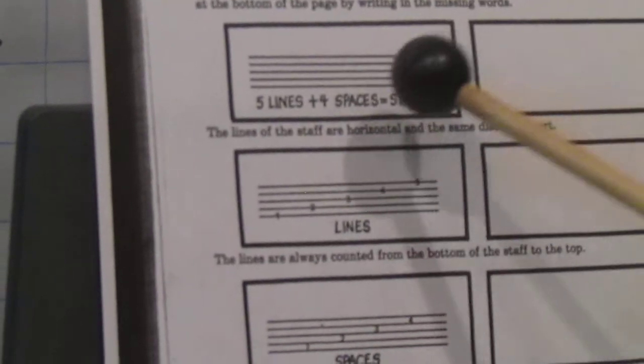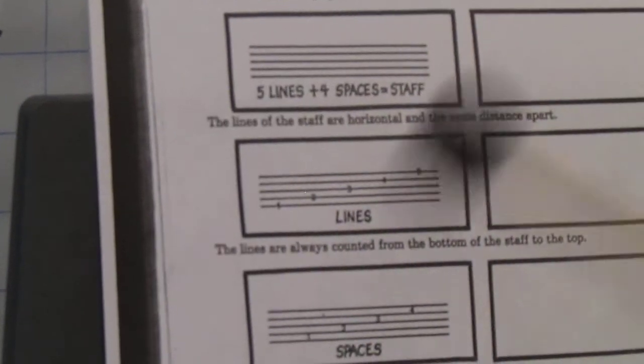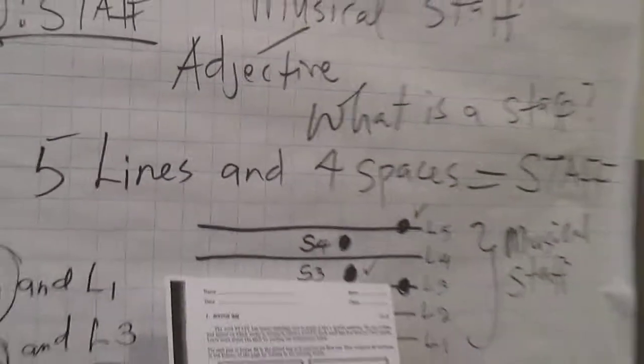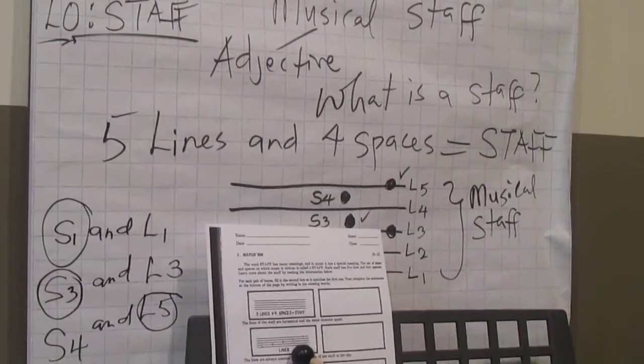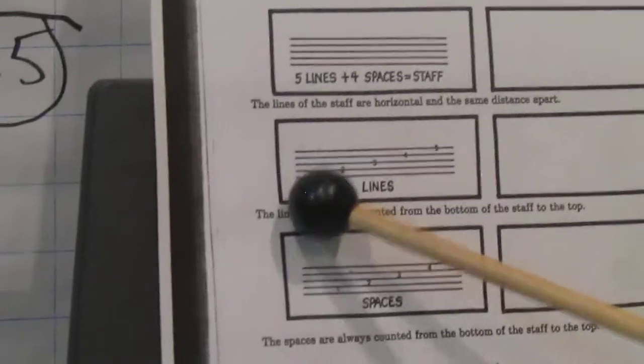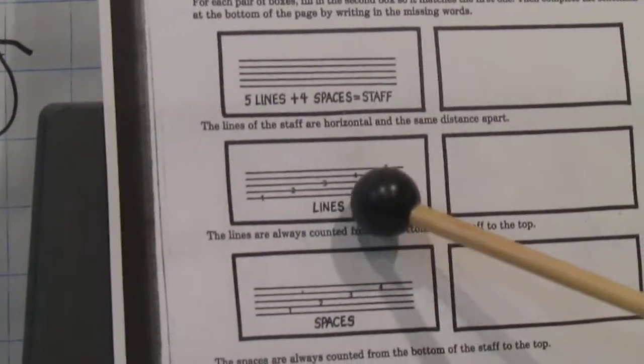Okay? So having said that, when you have that in your notebook, I want you to draw the same thing that you see here. Look at this. You have the 5 lines, 4 spaces. You have the staff in the box. And then you label the line notes. So you have line 1, line 2, line 3, line 4, and line 5.